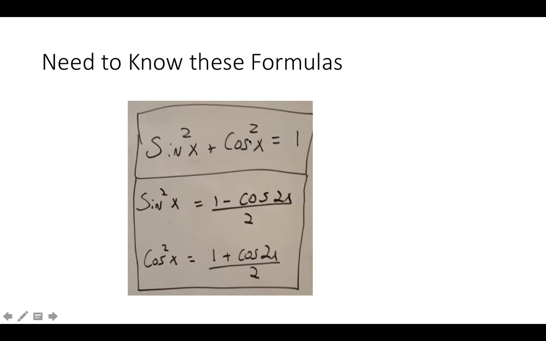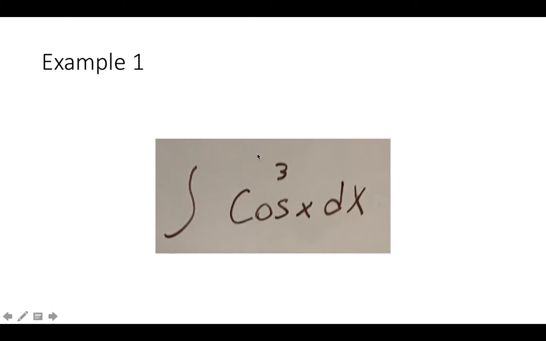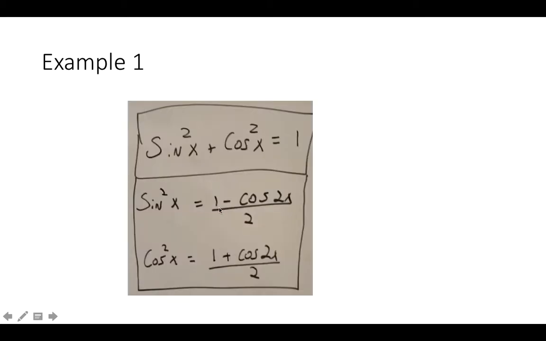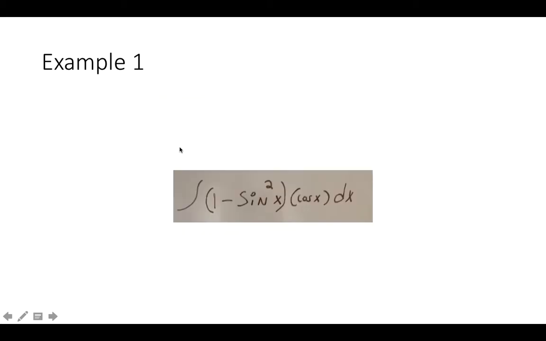Let's try to make it into cosine squared x. How do we do it? Simple, we just break it apart. Now we have cosine squared x, and we have cosine x. We are going to use the formula and change cosine squared x to 1 minus sine squared x.